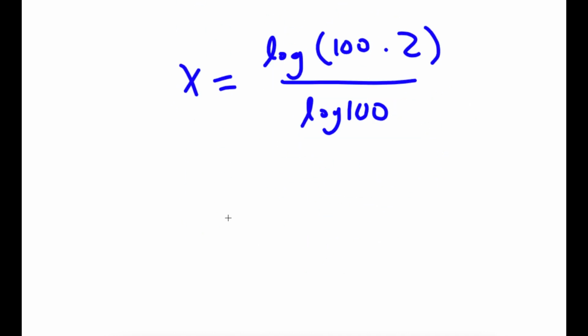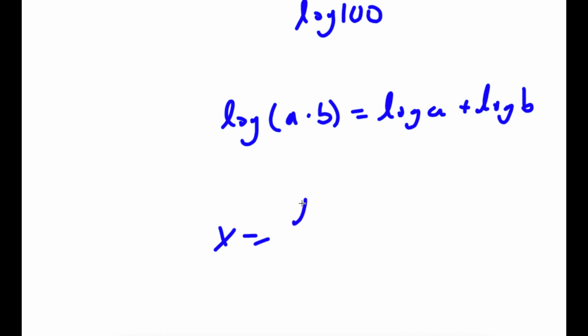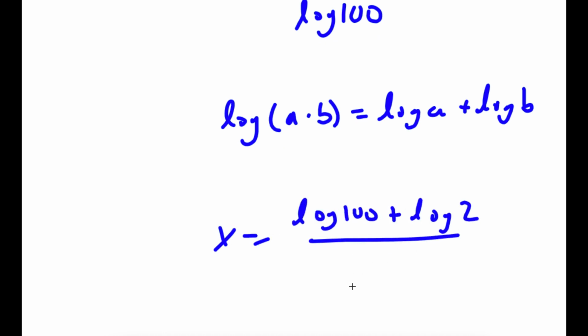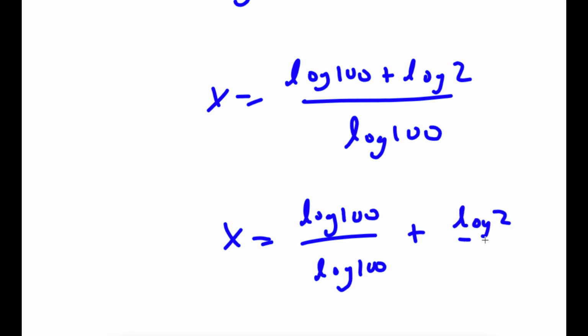Now if I have something in the form log of a times b, this is equal to log a plus log b. So log 100 times 2 is going to equal log 100 plus log 2, and now I have this over log 100. So now I have log 100 over log 100 plus log 2 over log 100.